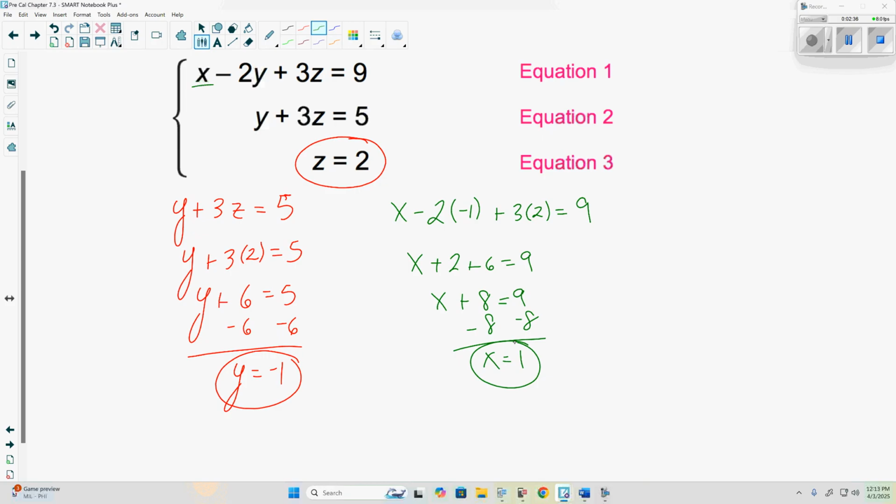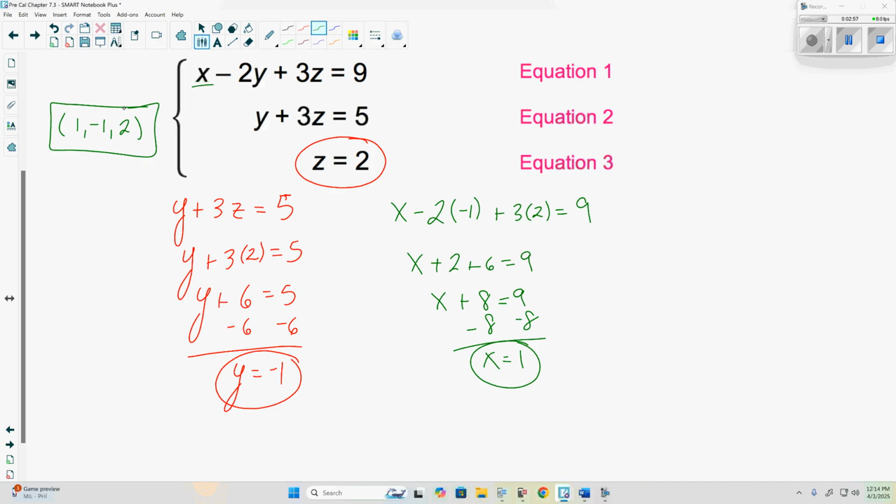Tells us x is 1. So the solution is the point 1, -1, 2. And that's it.